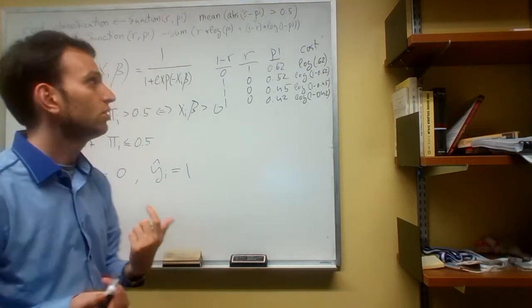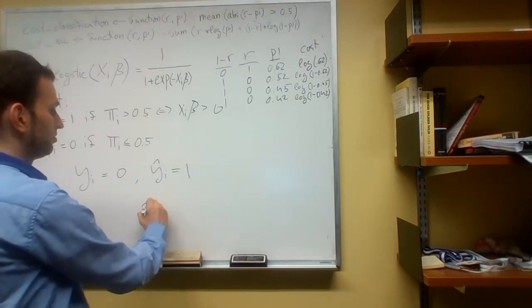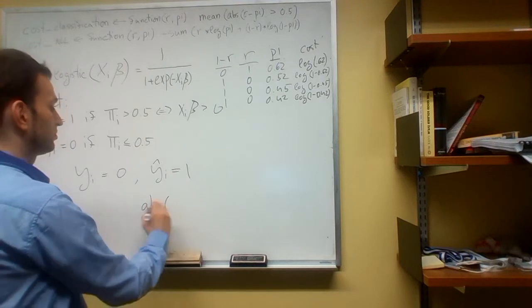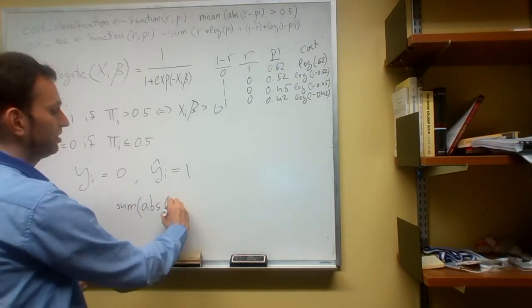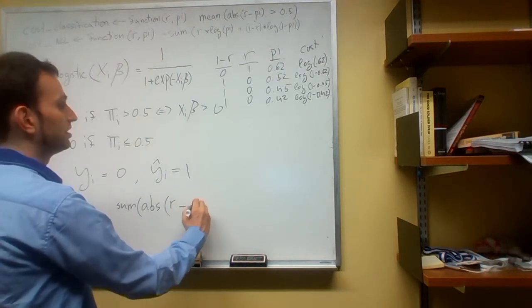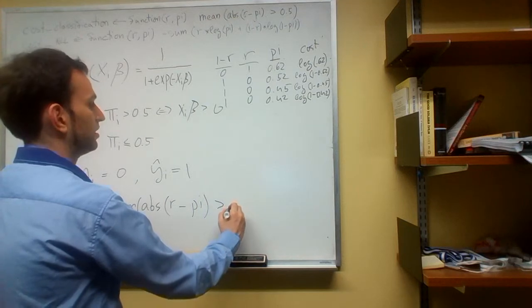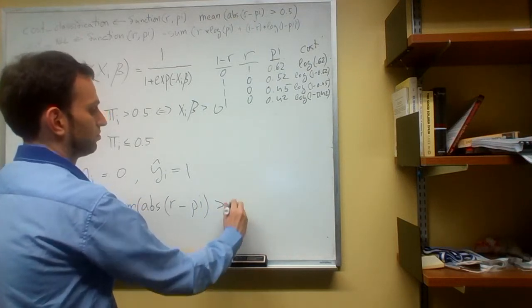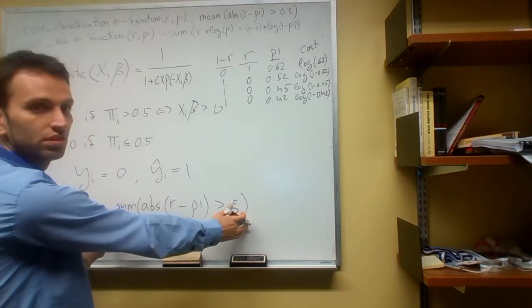Well, here is one possibility. You can still count the total number of misclassifications using r minus pi greater than 0.5, and then just summing everything up.